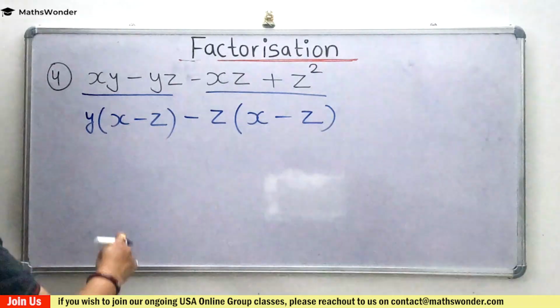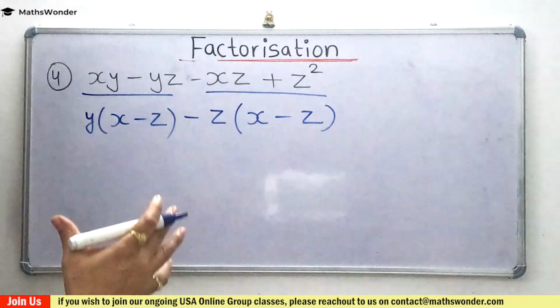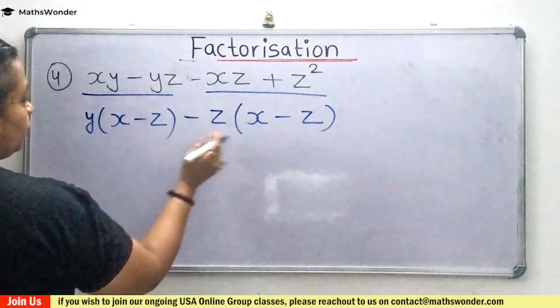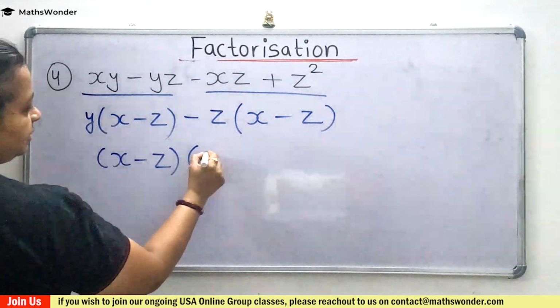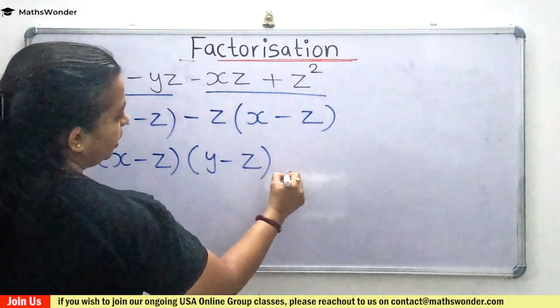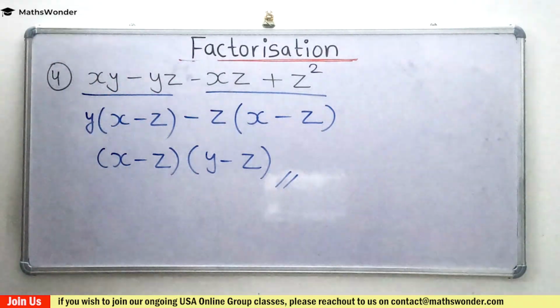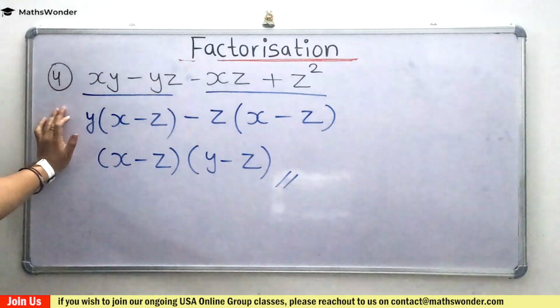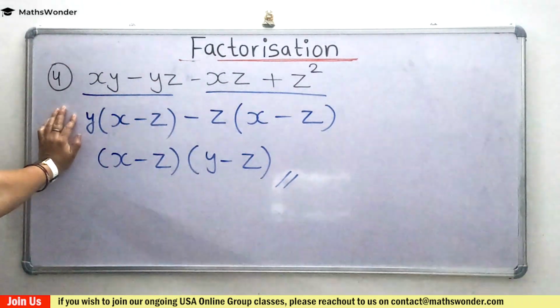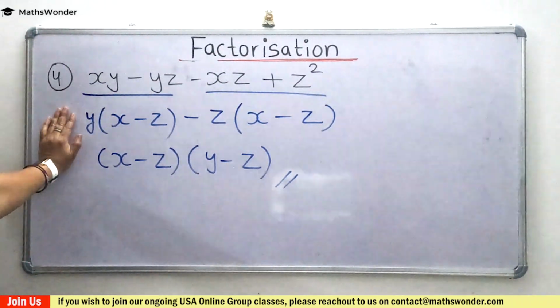Now we can have the greatest common binomial. So x minus z we will take out. What is the remaining one? Y minus z. This is your answer. So basically the concept is sometimes the common monomial or binomial is not given directly.